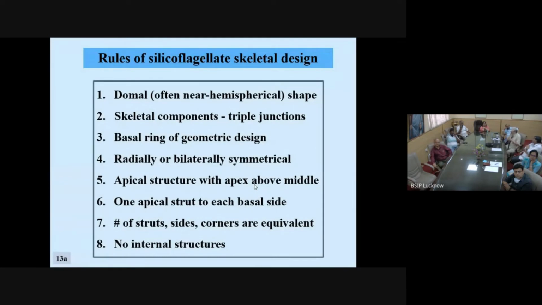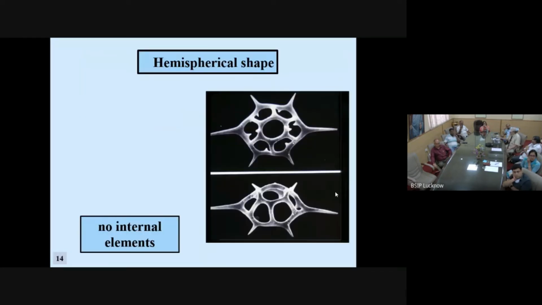One interesting thing about the silicoflagellates is that there are definite rules in the way that these skeletons are formed. And this is a series of rules. They're domal design, near hemispherical, skeletal components connect with triple junctions, and so forth. Let's just take a look at the first two of these. Silicoflagellates have a hemispherical shape. We have the apical structure centered over the middle of this, around it, no internal elements.